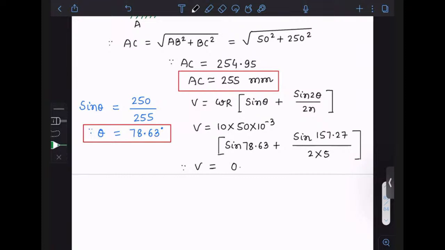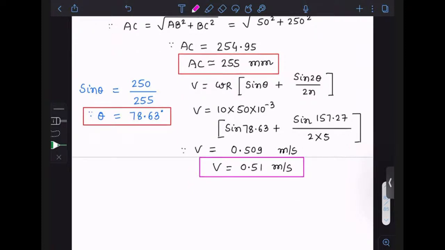We are getting 0.509. Correct, everyone? 0.509 meter per second. Is that clear or not? You guys are not participating.